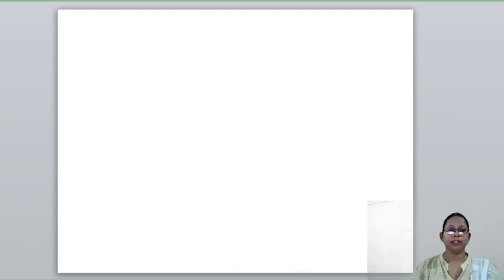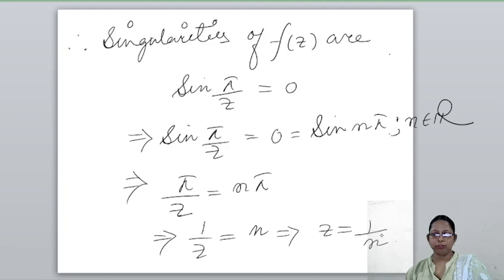Here you can check that the singular points of the function f(z) are 1, 1 by 2, 1 by 3, 1 by 4, and they accumulate near 0.